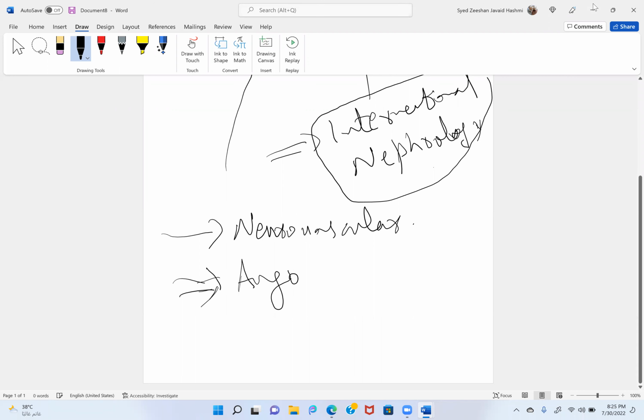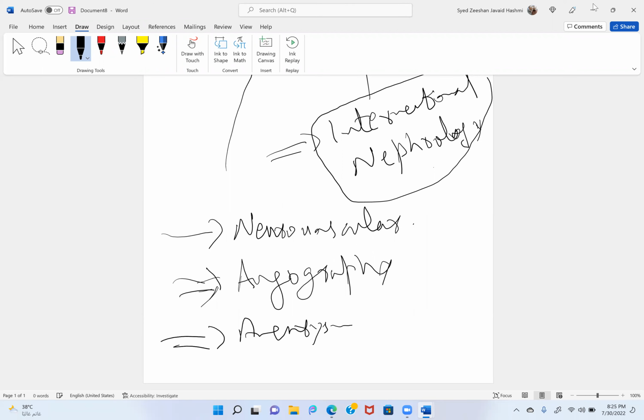Endovascular aneurysm. Yes, aneurysm filling. Or mitral valve clipping. Very good. Valvular, mitral or aortic.